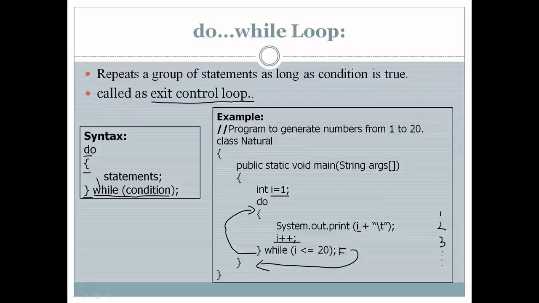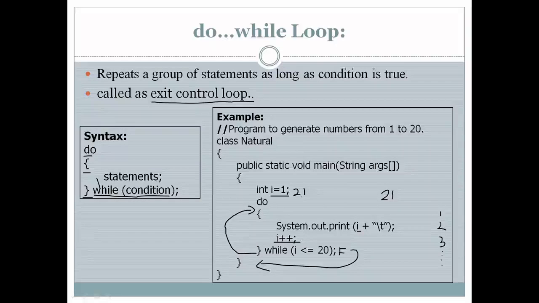Now as I have told you about the do while loop, suppose initially I declare i equals 21, consider that the initial value is i equals 21. In that case it will go to do, it will execute, it will print i, that is it will print 21, and then i is incremented, i will become 22, and then we are checking while 22 is less than or equals to 20, the condition is false. 22 is not less than or equals to 20, it is greater than 20, so the condition is false.